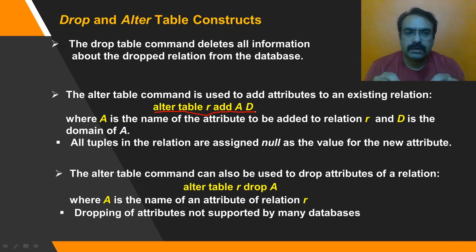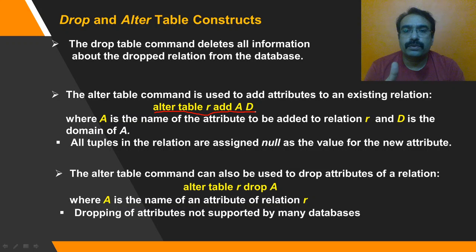Now it's a discussion of almost half an hour. For the next half an hour, what you are supposed to do is, we have a banking schema with six relations, that is account, branch, loan, customer, depositor, and borrower.